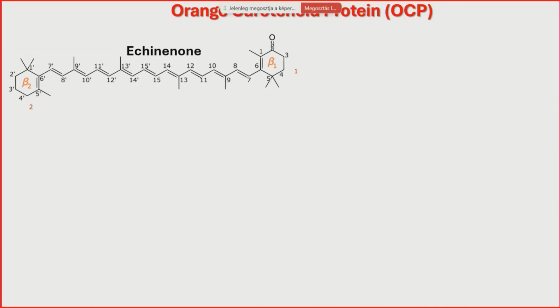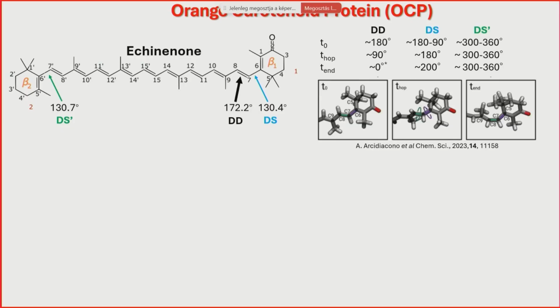So here is the chromophore itself, with some key bonds and dihedral angles. These values are from the calculation. Recently, a paper dealing with the de-excitation pathway suggested, via dynamics simulations using a semi-empirical potential, that the hop from the S1 to the S0 state happens at about 90 degrees of this dihedral angle, so there is a rotation around that bond.